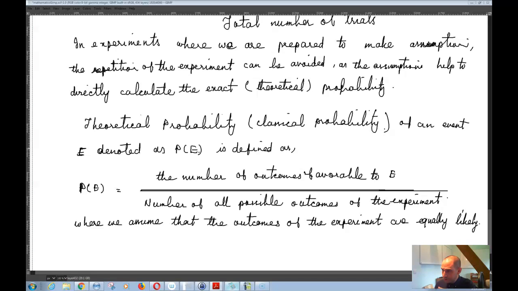For example, James Bernoulli, 1654 to 1705, or A.D. Moivre, 1667 to 1754, and Pierre-Simon Laplace are among those who made significant contributions to this field.